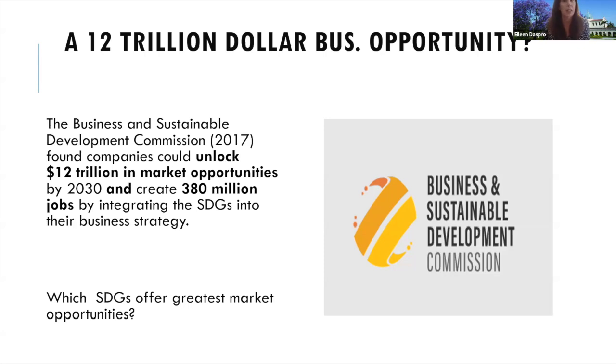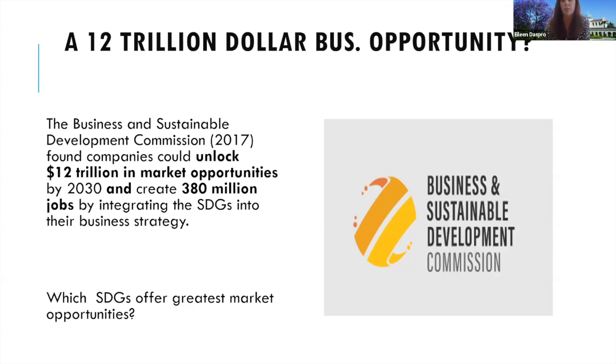They were able to articulate approximately $12 trillion in market opportunities related to quality education and health and responsible production, et cetera, and approximately 380 million jobs. So this was essentially creating a business case for the SDGs, right? They're trying to show through numbers that in effect there's shared value that has been untapped by pursuing some of these SDGs.